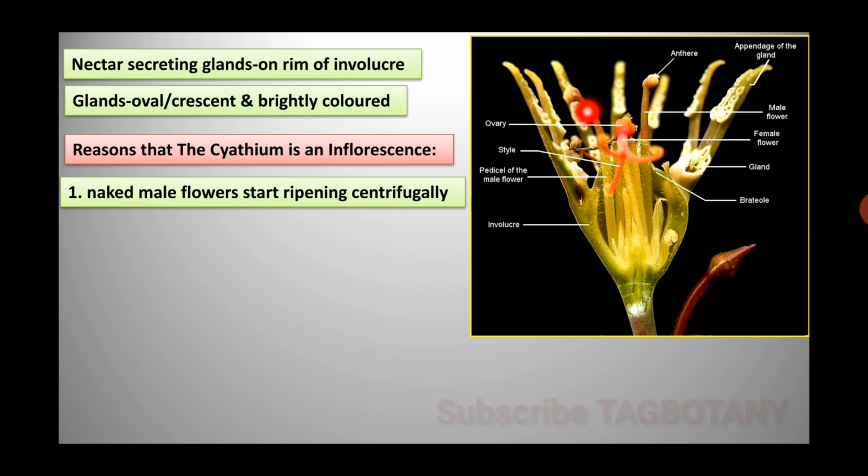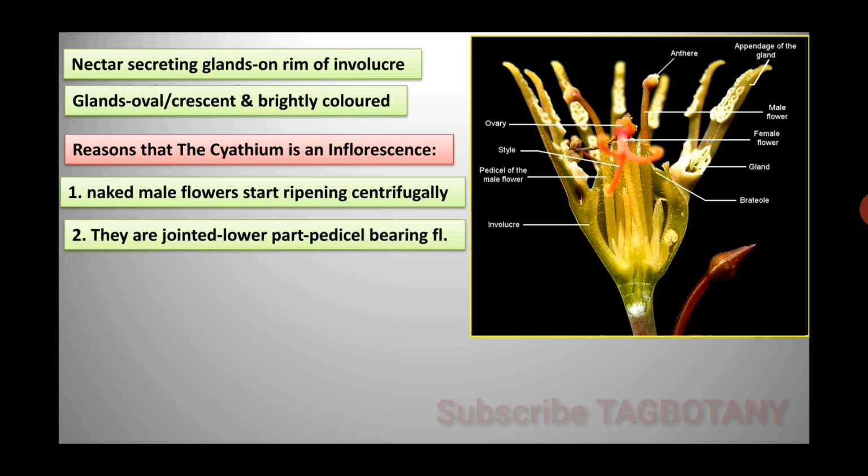So the male flowers start ripening, maturing centrifugally, means from center to periphery. They are jointed, lower part pedicel bearing the flower. So male flower has a jointed appearance. Lower part is pedicel and upper part is filament, having anther.